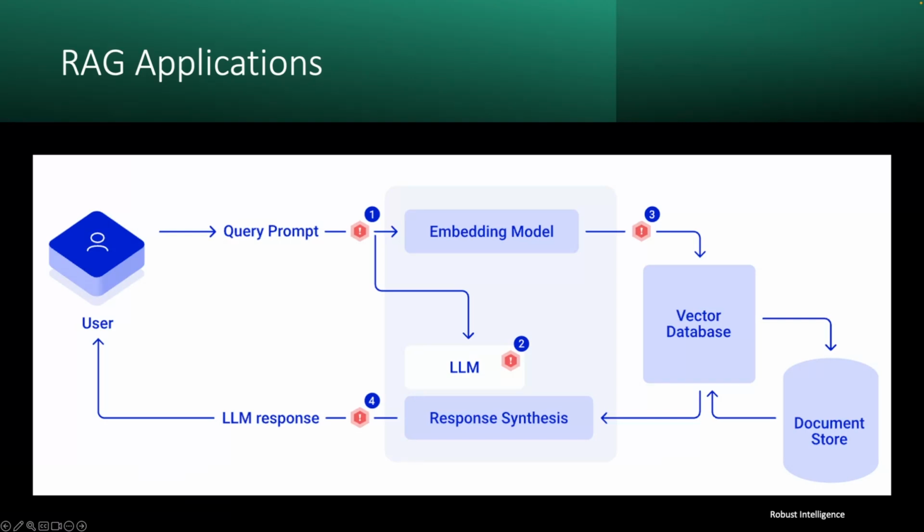Inadvertent sensitive data is disclosed because the vector database has stored highly confidential or highly classified docs. This is a classic attack, and this is a data confidentiality risk.